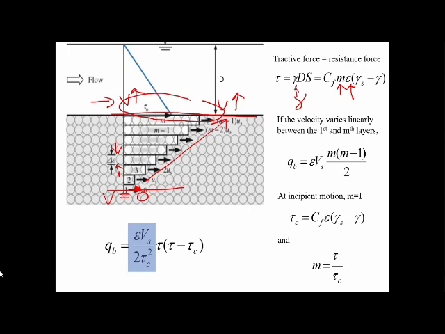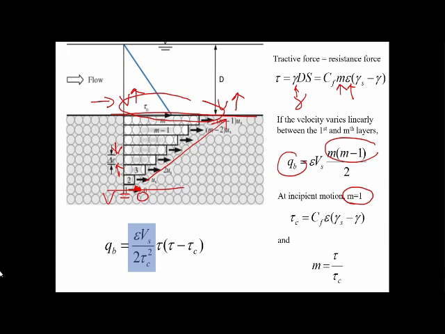So he said that the bed load transport QB, which is equals to this eta times the average of the velocity v squared over 2 multiplied by these layers. Okay. So because we are only interested on this top of the sediment, on the surface of the bed, which give you the maximum conditions of the flow, okay, and we will say that at the incipient motions, then our M is always equals to 1.